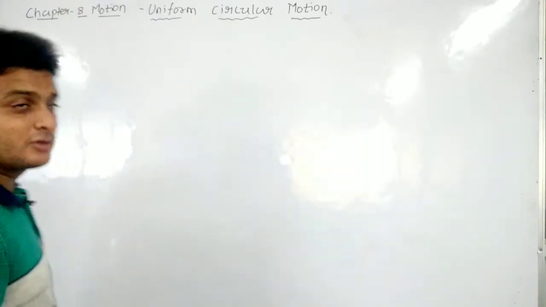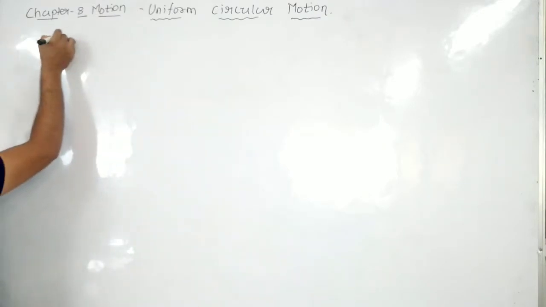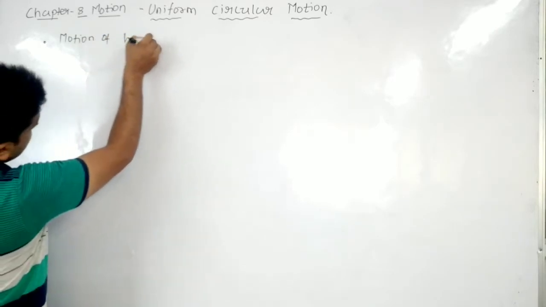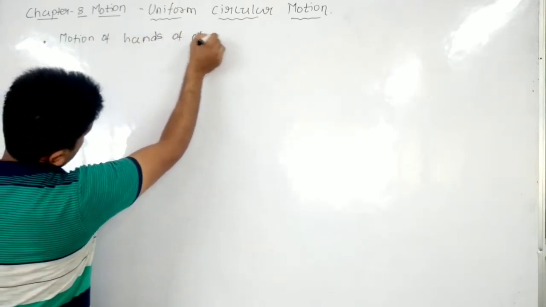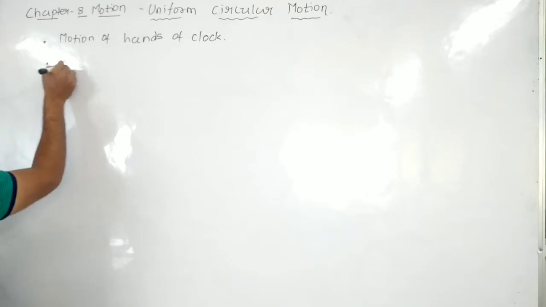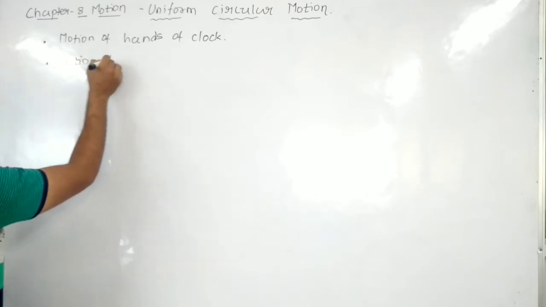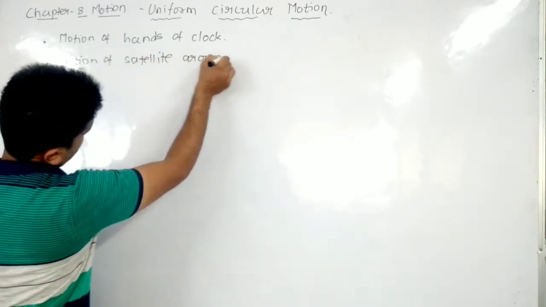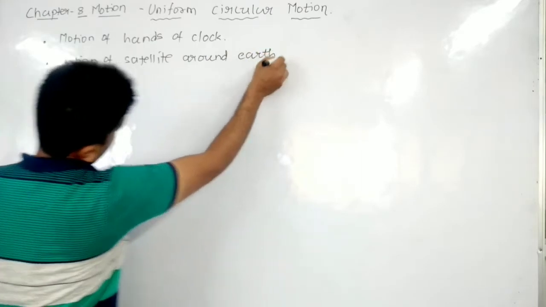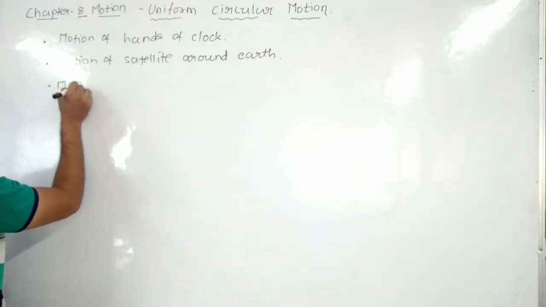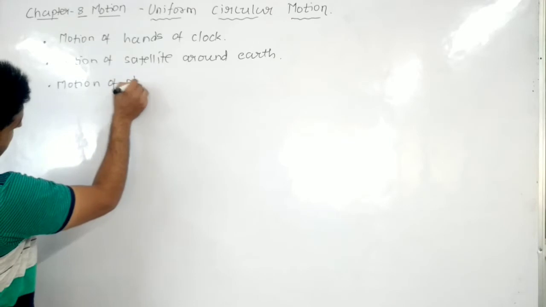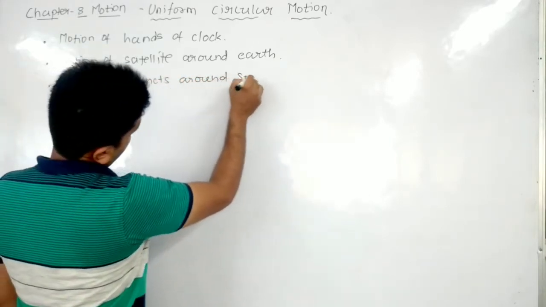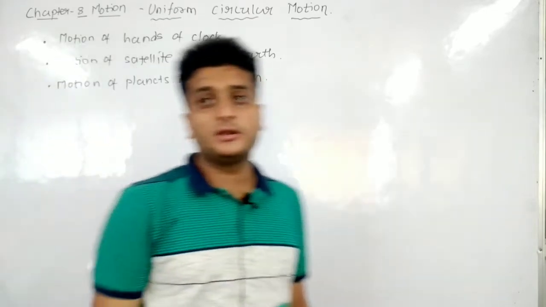So that uniform circular motions are, you can say, motion of the hands of clock, then you can say motion of satellite, not only moon, all the satellite around the earth, right? Then motion of all the planets around the sun. These all are a kind of circular motion.